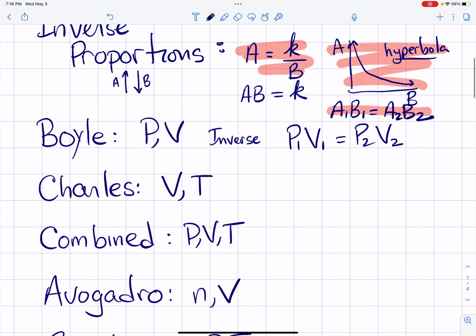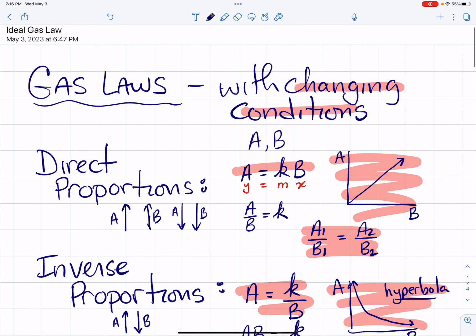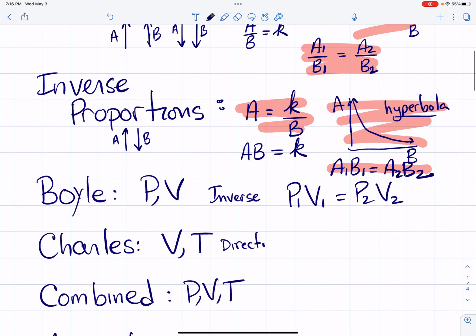With Charles's law, we noticed that when volumes increased, it was because temperature was also increasing. When you heat something up, the volume expands, it gets bigger. So when temperature goes up, volume also goes up. That means it's a direct relationship. If it's a direct relationship, then a graph of volume and temperature would look like the straight line that we saw with direct proportions.